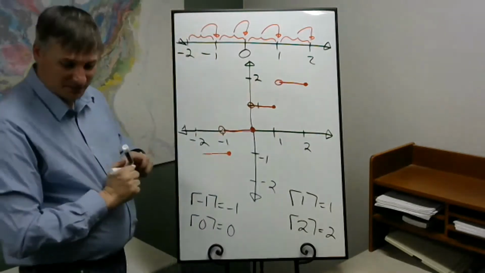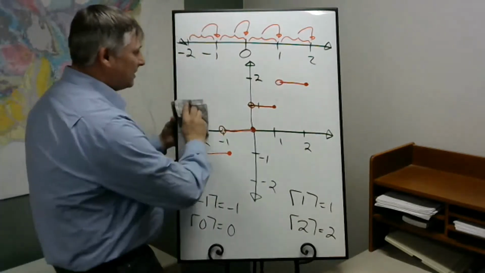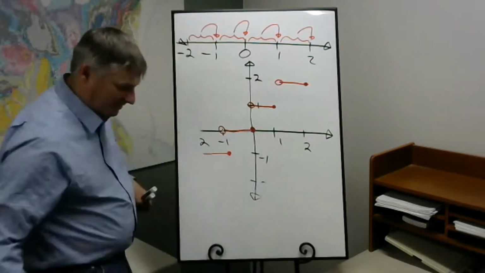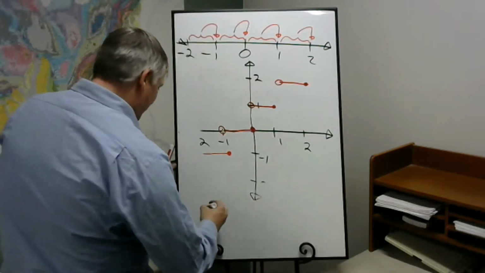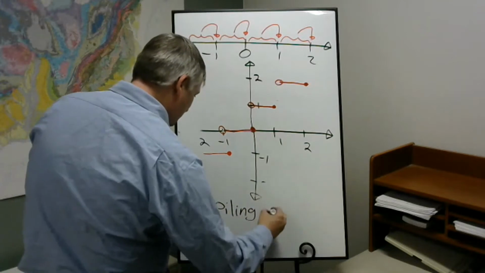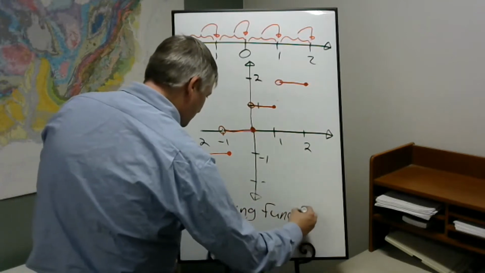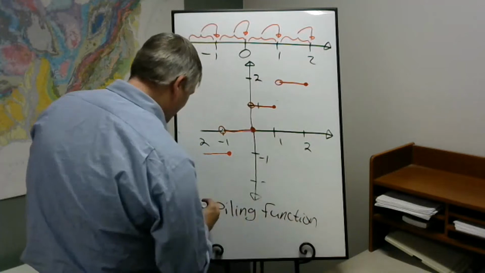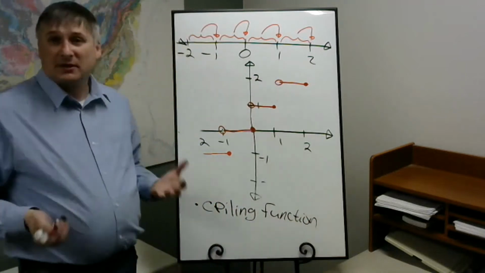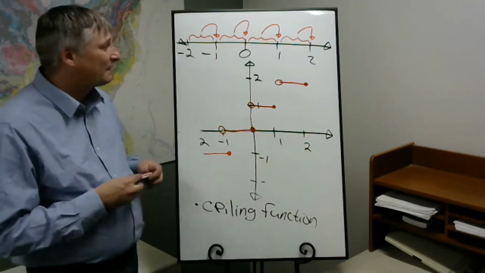We've got a hole. So the only thing else I'll mention about this is that this is often called the ceiling function. And the ceiling function is another thing you'll see in computer programming.